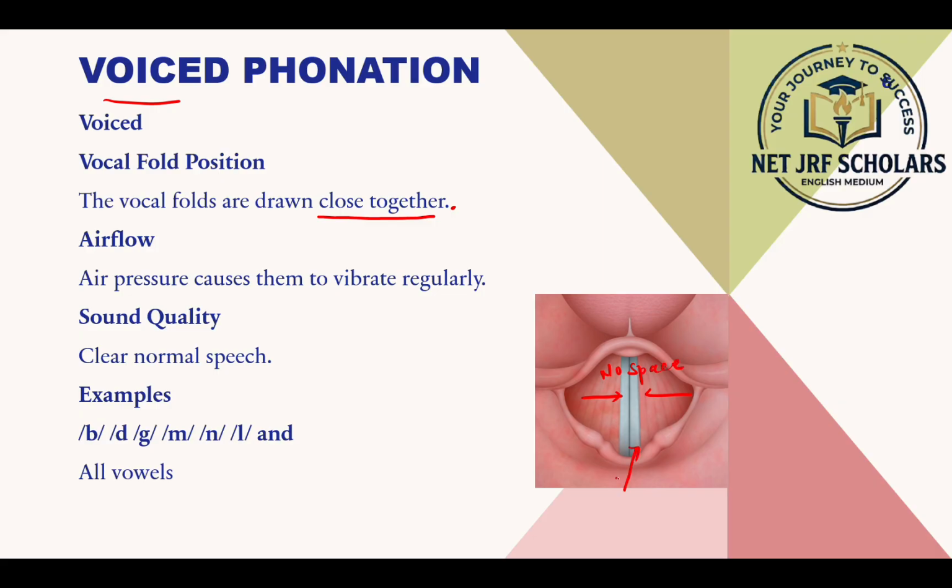But the air tries to escape from below, so the vocal folds vibrate and let the air come out because of the force applied below the vocal folds, resulting in vibration between the vocal folds. So this results in the production of voice.